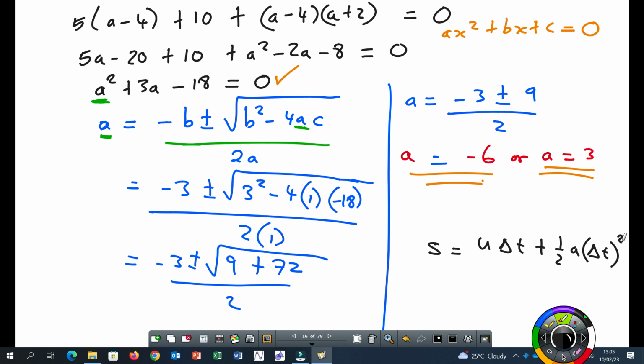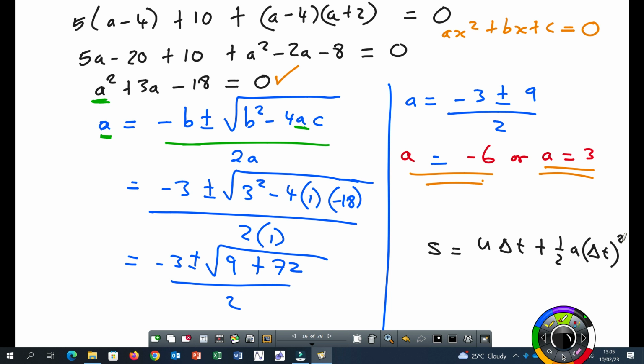You did this in grade what? 10. Okay, wait. This is a quadratic equation. Look here. Why is it quadratic? Because we have got that delta T squared.